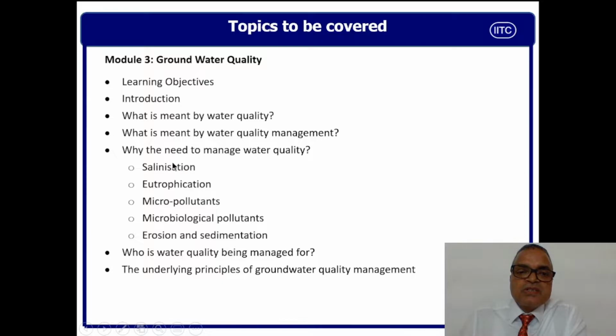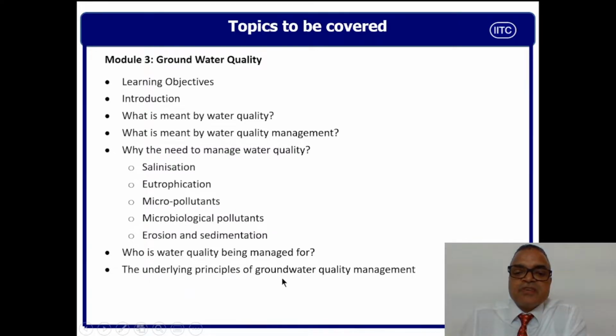We are going to see all this terminology one by one to clarify what the need is to manage the water quality. Next is why water quality is managed and for whom it is being managed. It is for you, for me, for society, for industries, or for society by and large. So we will see it.